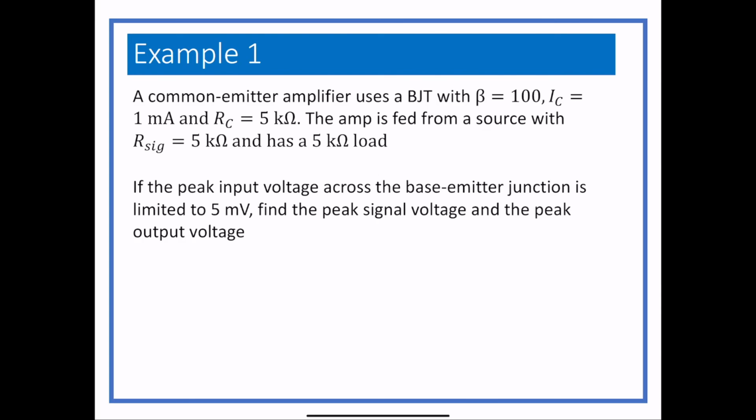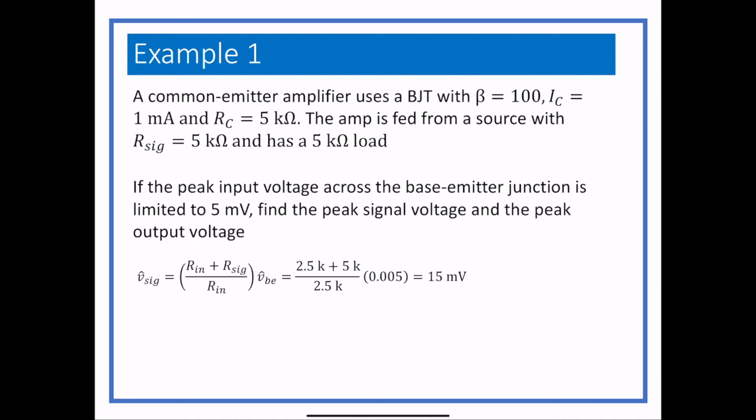So the peak signal voltage, basically we're just un-voltage dividing at the input. So we're taking that value of VBE and figuring out how much it decreased from the signal to that point. So we take Rin plus R signal over Rin. That's just the upside down voltage divider to get it further back. And we get 15 millivolts for the signal.